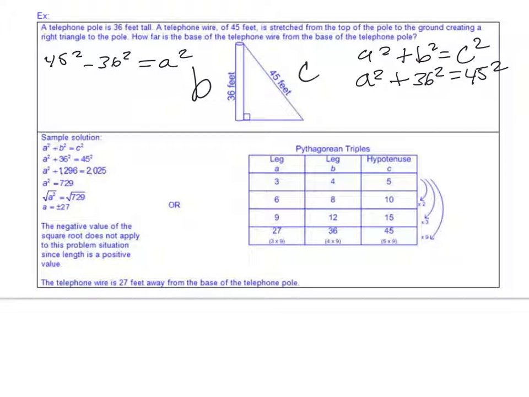So if we did that, what we will get is 2025 minus 1296, and that's going to equal a squared.